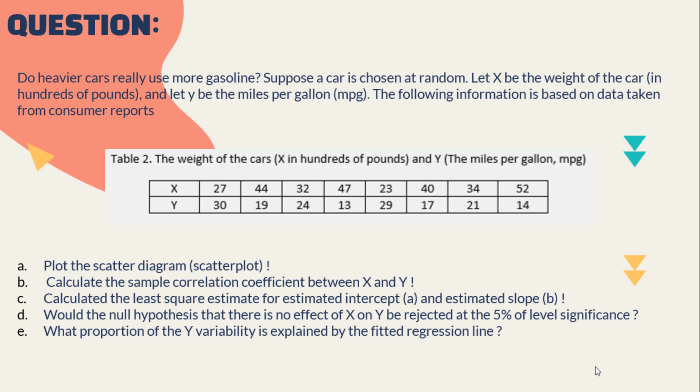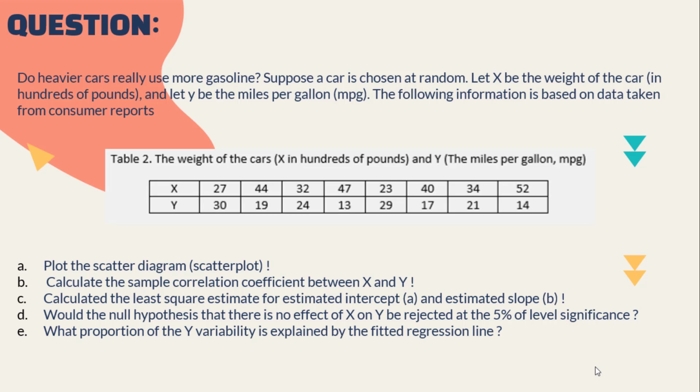We are asked to plot the scatter diagram, calculate the sample correlation coefficient between X and Y, and calculate the least squares estimate for intercept A and slope B. Would the null hypothesis that there is no effect of X on Y be rejected at the 5% level of significance?